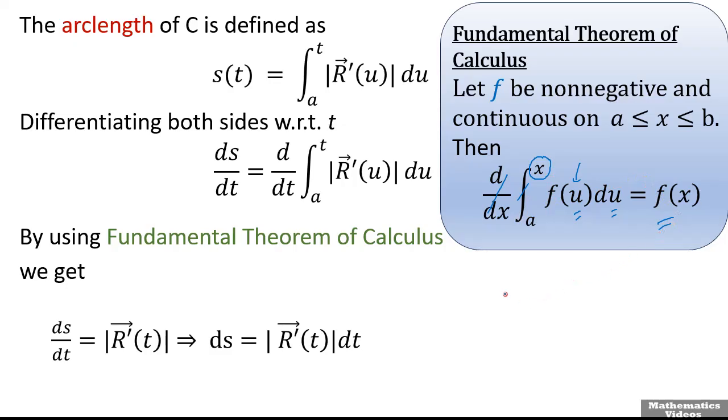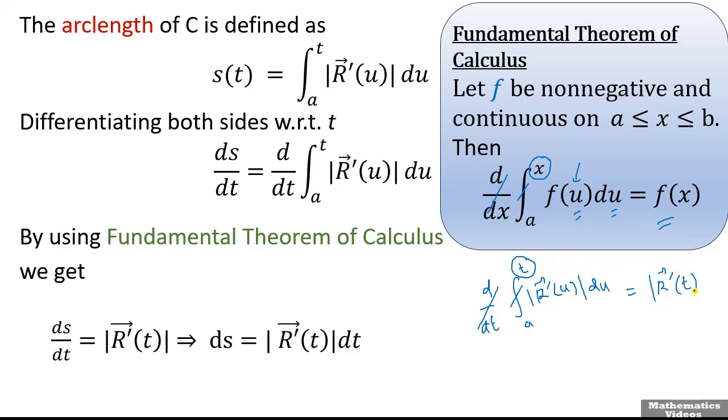So it means that by using the fundamental theorem of calculus, the derivative with respect to t of the integral from a to t of the magnitude of r prime of u du, according to this definition, the derivative cuts the integral, and we have the integrand, which is the magnitude of r prime of u, and the dummy variable u will be replaced with the upper limit of integration, which is the parameter t.